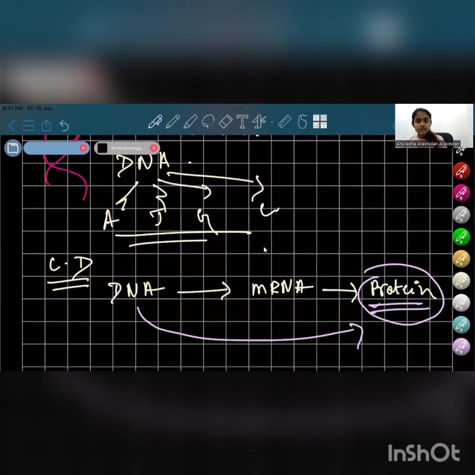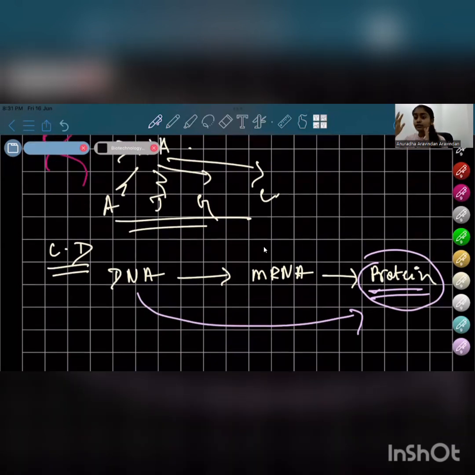So this protein or enzyme which you're getting as an end product, because of DNA transcribing into mRNA and mRNA translating into protein, will, for example, control the phenotypic character or the external appearance of the organism. So if I'm altering that particular code in the DNA which controls the phenotypic character, then the phenotypic character of the organism will be fully changed, right?